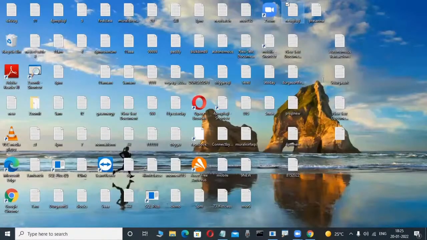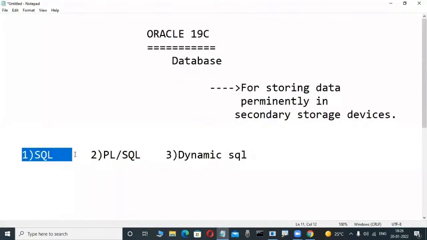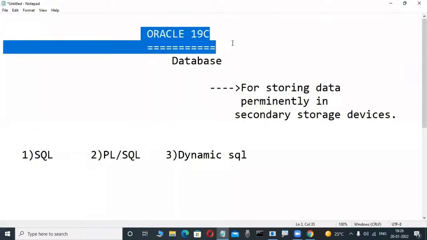That's why we learn the SQL language first. After that, you get some knowledge, and then you learn PL/SQL. Through these two languages, we operate this Oracle software. Check it out. Observe it here.